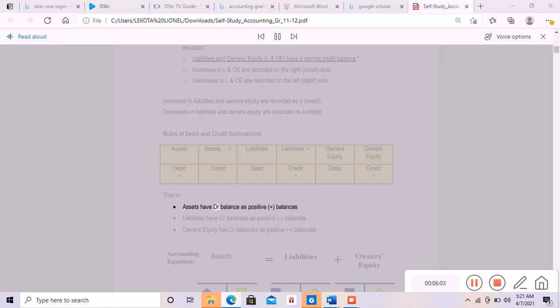Owner's equity has CR balances as positive, plus balances. Accounting equation: assets equals liabilities plus owner's equity. Rule of debit and credit: debit plus, debit; credit plus. 8. The effect of the accounting equation.